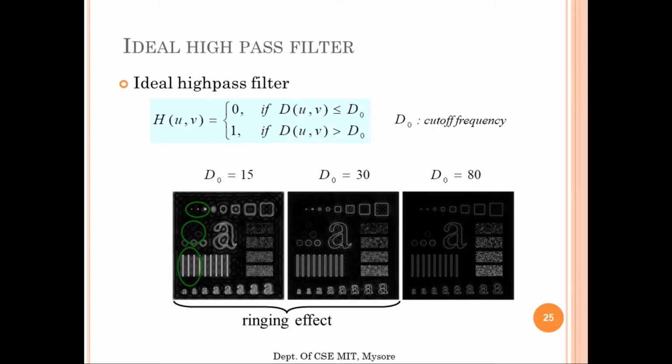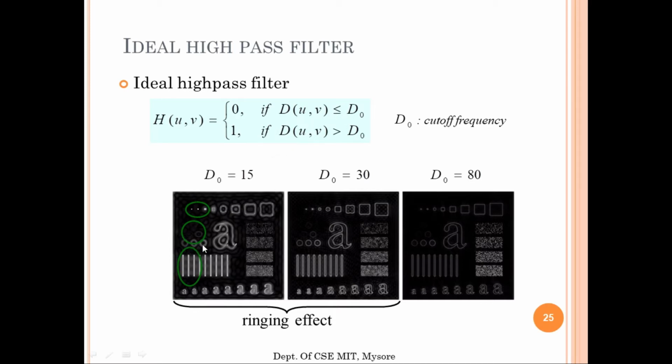Just now I explained the ideal high pass filter. In it, where the distance D is less than the cutoff D0 the value becomes 0, and greater than D0 it is 1. D is the distance value and D0 is the cutoff frequency.